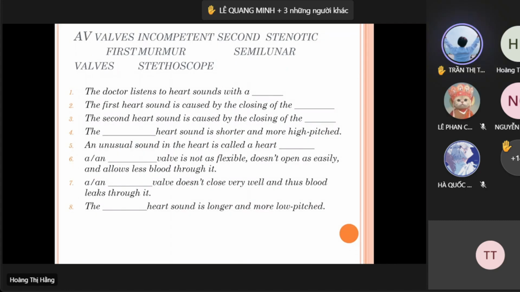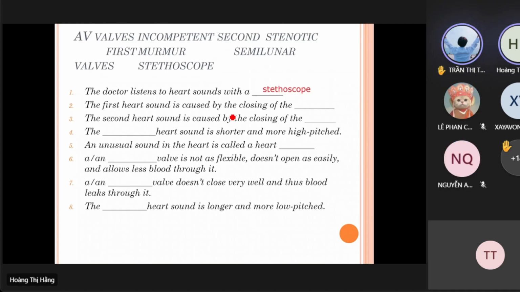Okay, so number one, the doctor listened to the heart sound with a stethoscope. Okay. The first heart sound is caused by the closing of the AV valves.